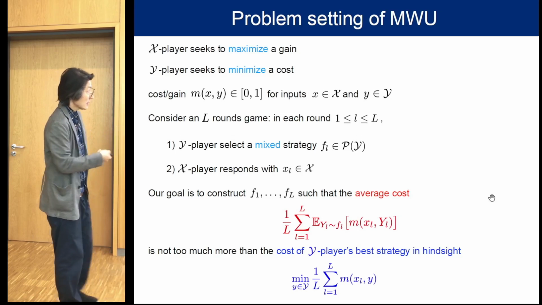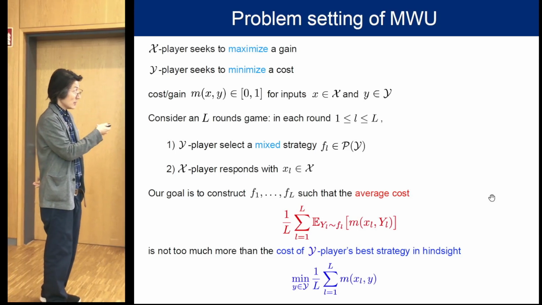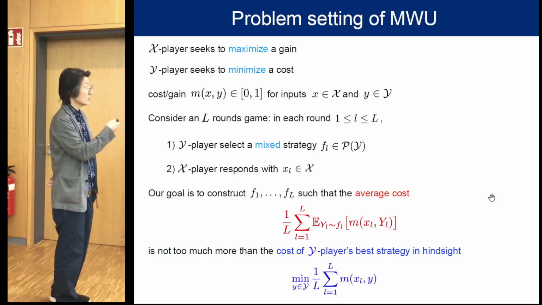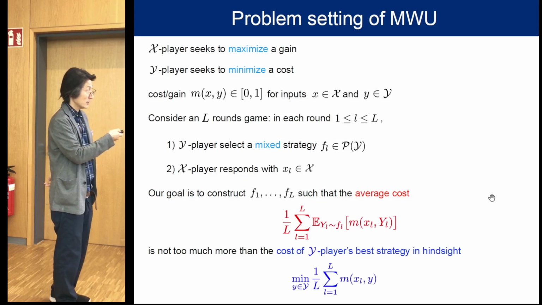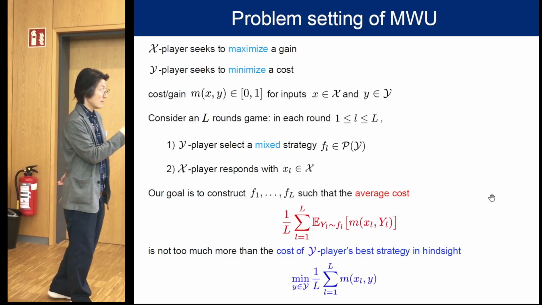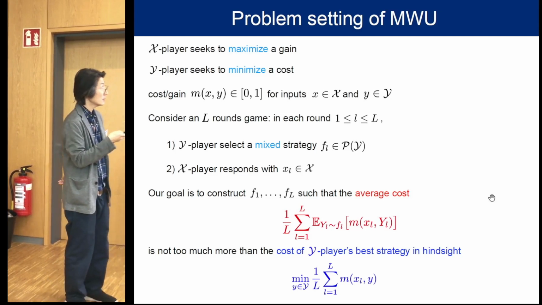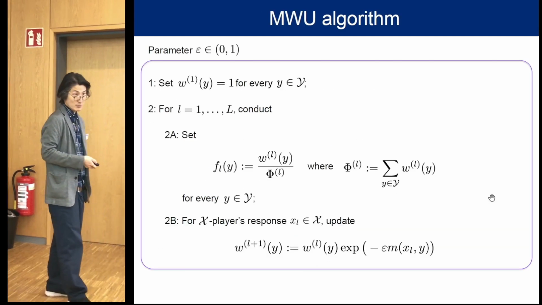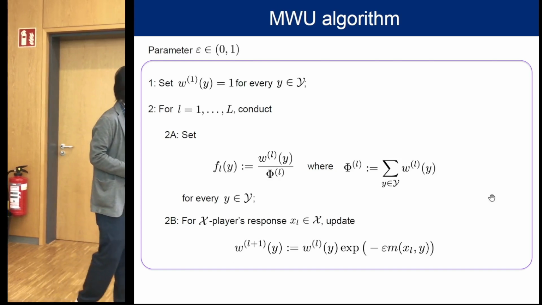Okay. And we want this quantity to be not too much more than this quantity. That's our goal. And the question is how we choose f_1 through f_L. And MWU algorithm provides one solution for this.